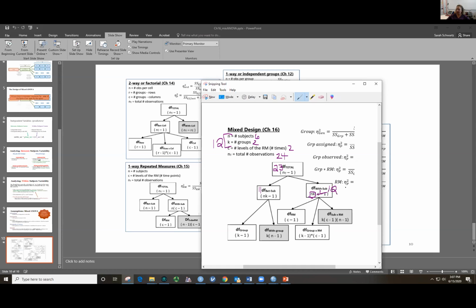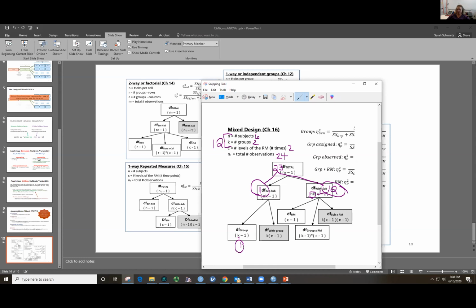Do the branches add up? 11 and 12. Did they add up to 23? Good deal. Okay. Now let's go to the grouping branch. How many groups do we have? K equals 2. So this ends up being 1 degree of freedom.